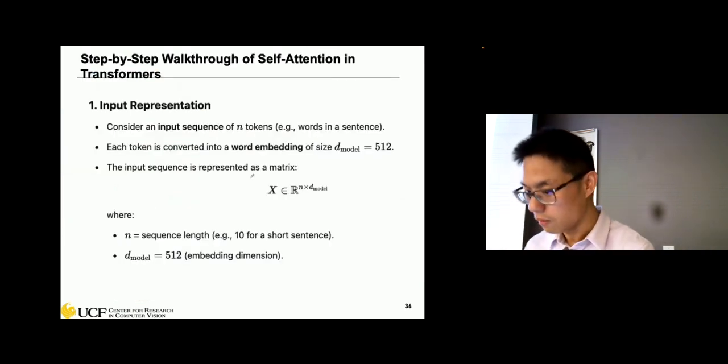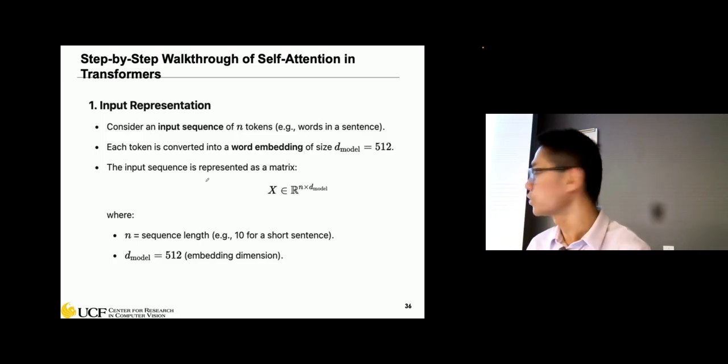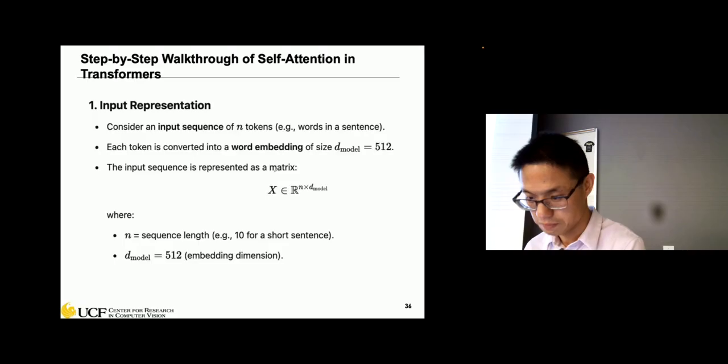Okay, so now I'm going to do this one more time, to give you a step-by-step walkthrough with their original dimensions in the paper. So what's the entire process? We have an input sequence with n tokens, where n can be the number of words in a sentence.